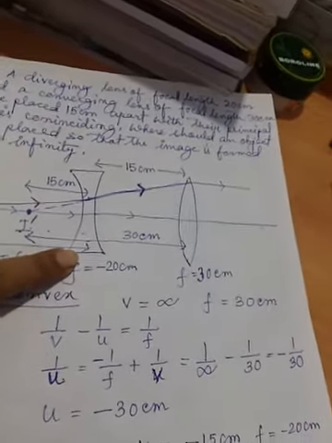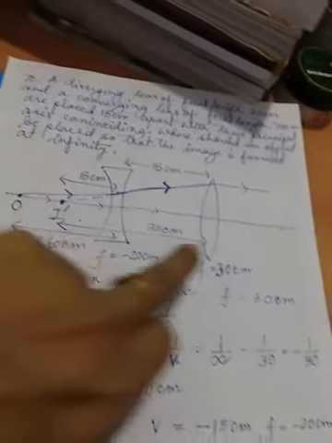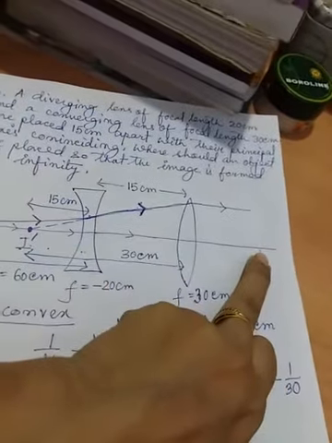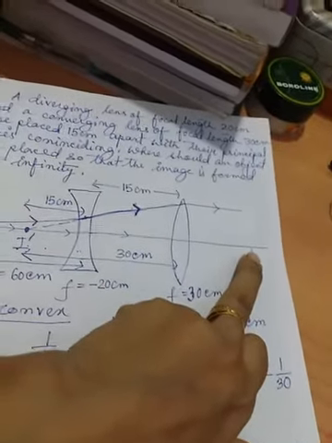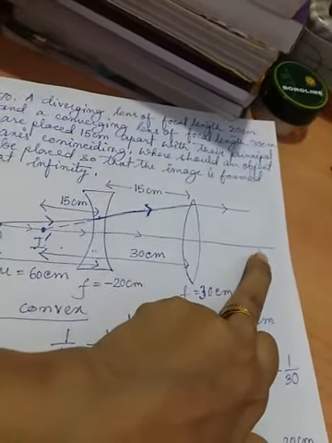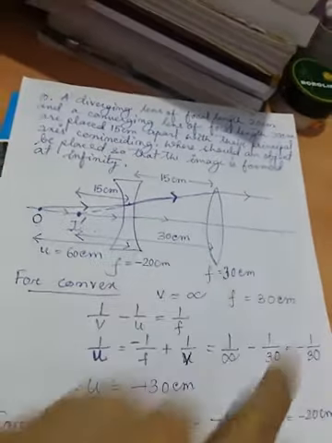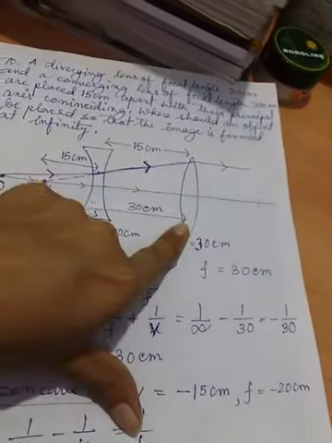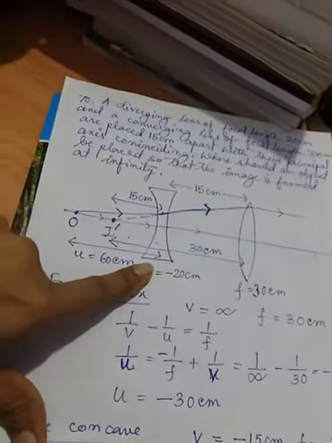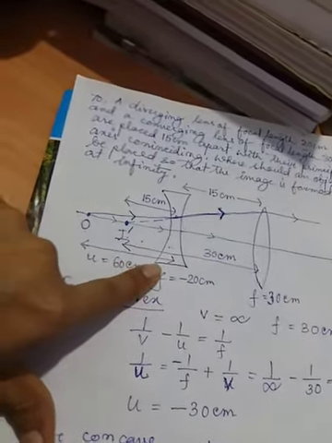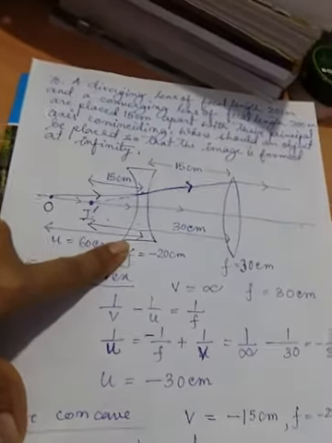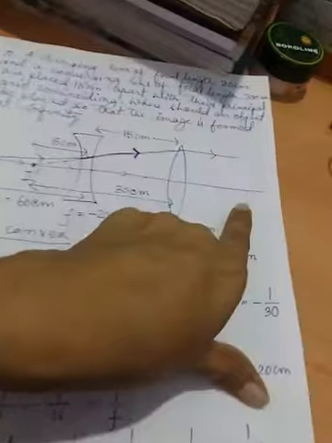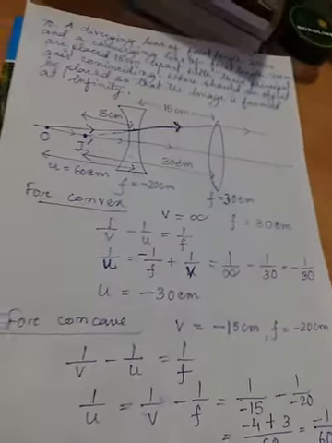Now all of you try to solve it by taking the object on the right hand side of the convex lens. This one is convex, so it converges the rays; again this one is concave, so it diverges the rays. Follow the same thing by considering the object on the right hand side. Try to solve it.